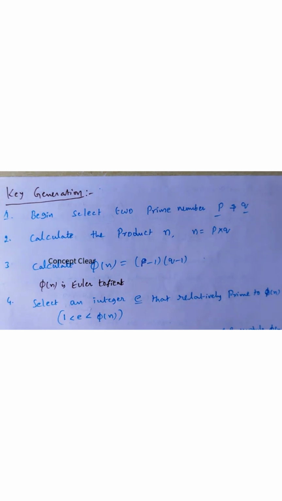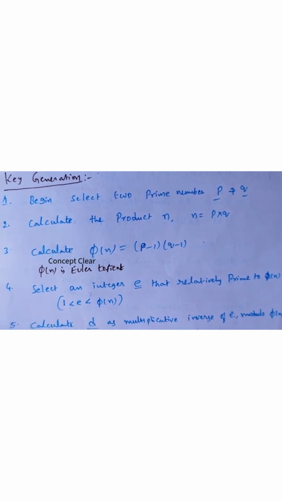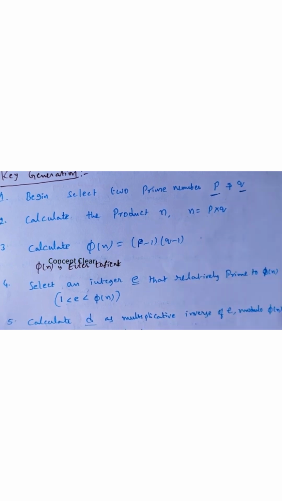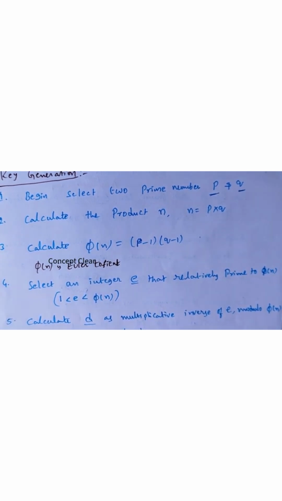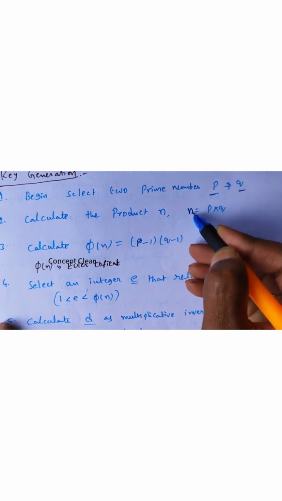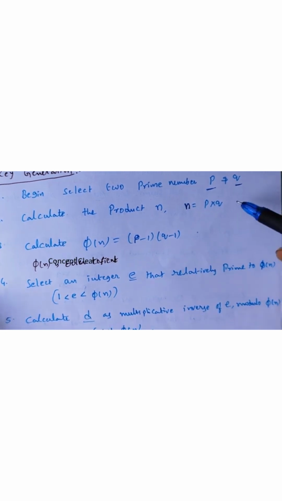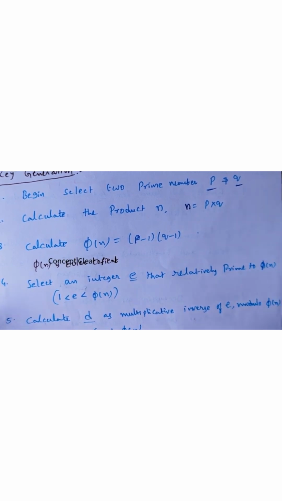The first step is to select 2 prime numbers, which we will call P and Q. The second step is to calculate the product N, which is P into Q. N is the modulo for encryption and decryption.